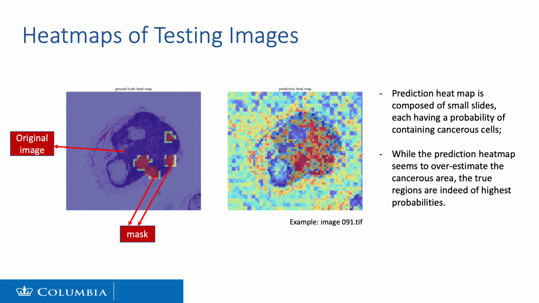The most probable areas of cancer cells are in dark red, which actually correspond to the original image. So the model is doing a decent job of identifying the area of the cancer cells, although there are several noises that are also in red that might interfere with people's identification of the cells.